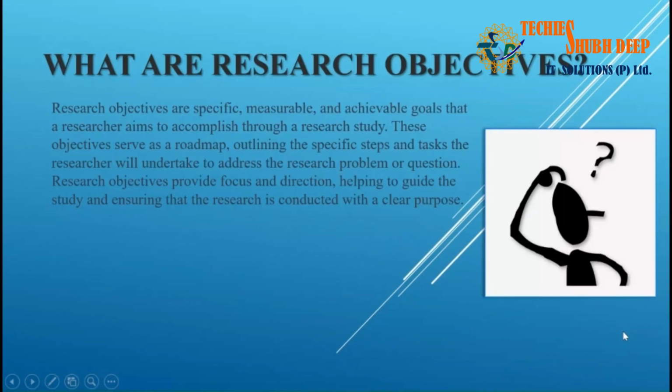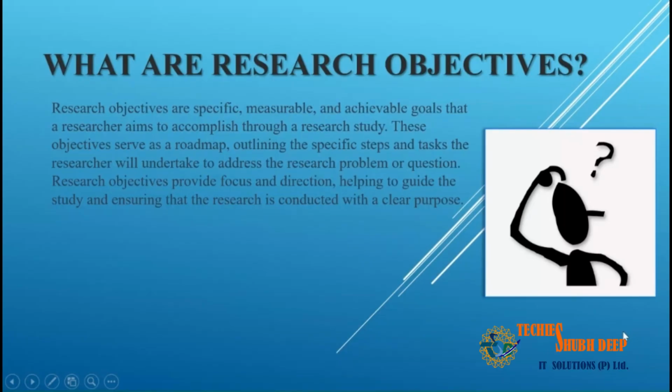So let's get started. Research objectives play a very important role in every research paper. So we should know what is a research paper and what are research objectives in a research paper. In research, objectives are specific, measurable, and achievable goals that a researcher aims to accomplish through a research study.